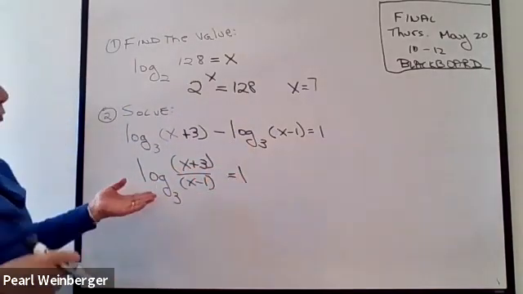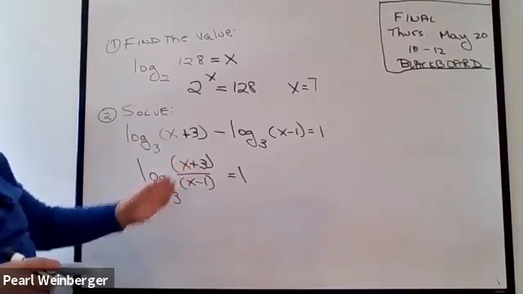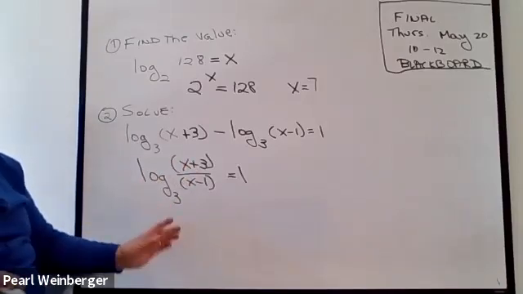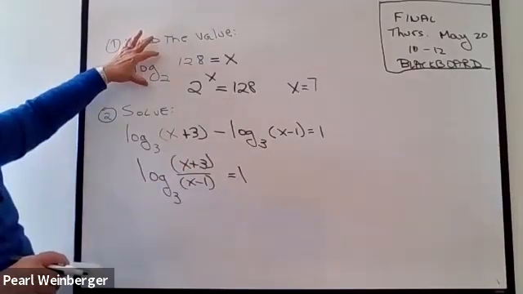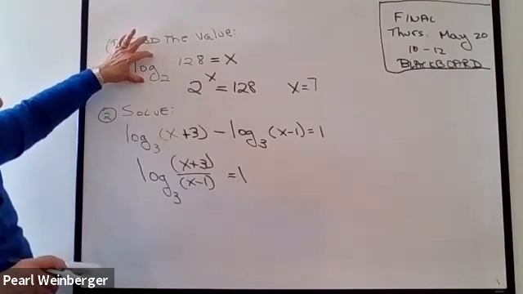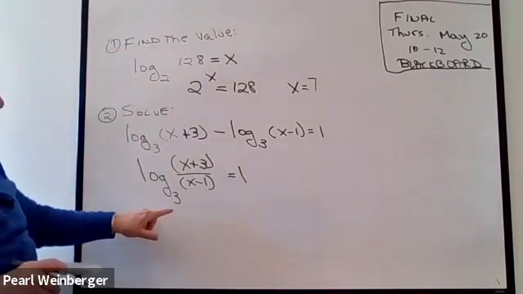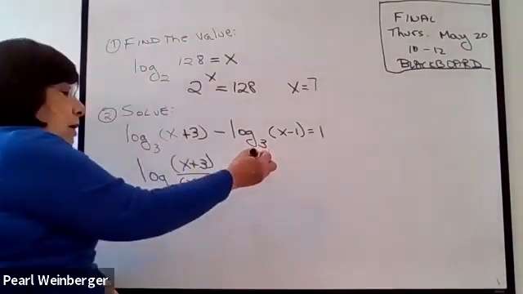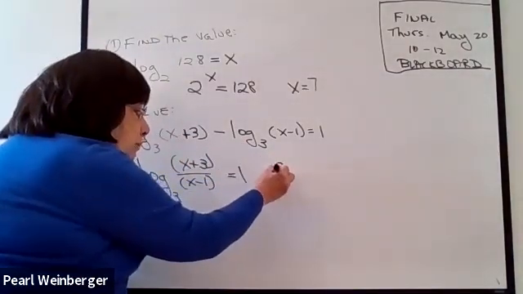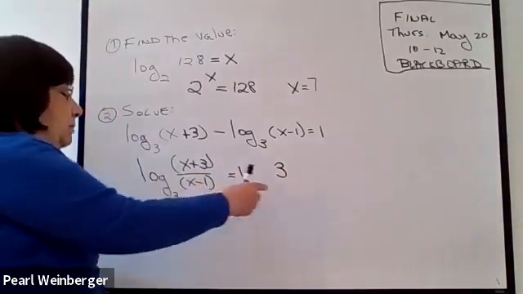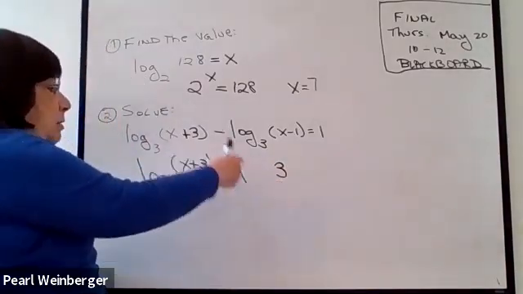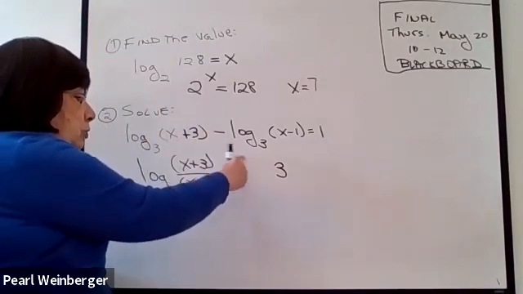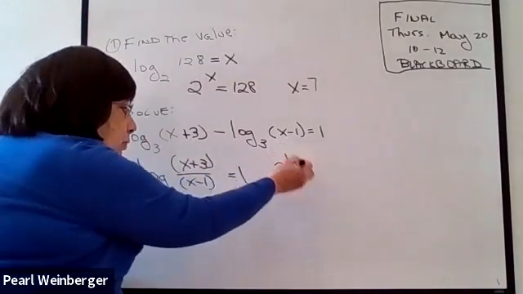And now that you have this back to a single log, you can do what we did over here and go from the log format to the exponential format. In this case, my subscript is 3, so that becomes my base. The number on the other side is the 1, that's my exponent.